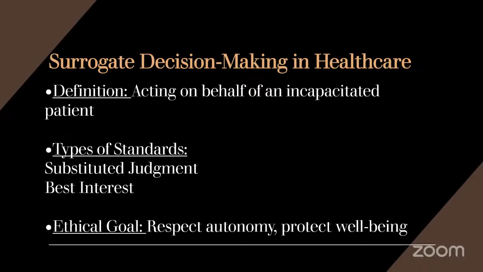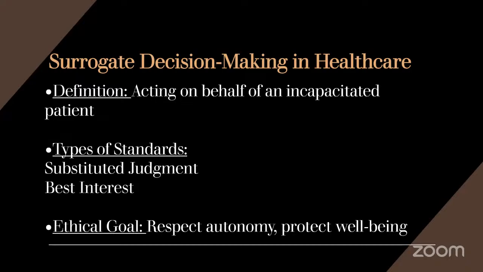If neither is available, the role usually falls to the spouse or state-recognized domestic partner. After that, adult children, then parents, then adult siblings. If none of these are available, a more distant relative may serve, and in some states, even a close friend or a caregiver can be recognized.